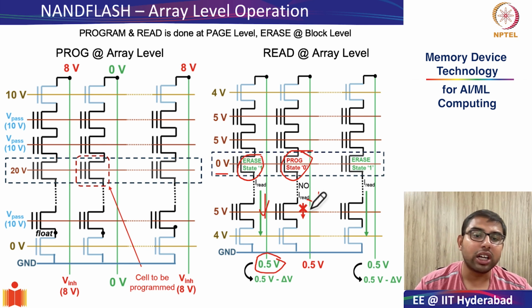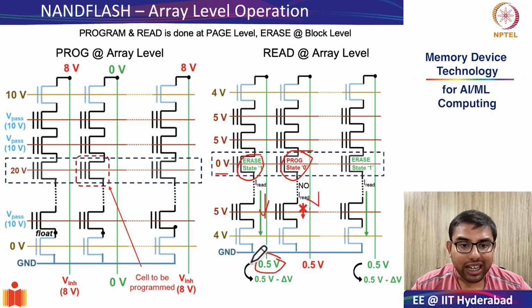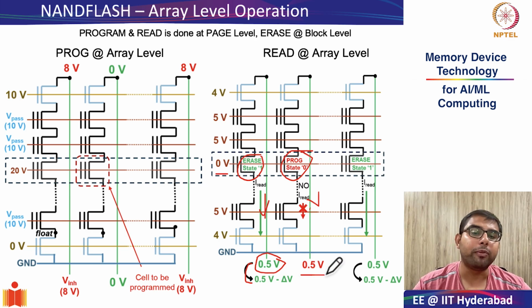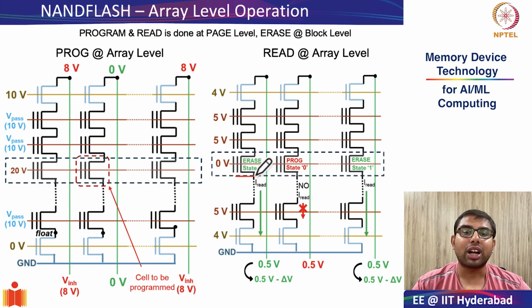As a result, there was either a discharge in the bit line or no discharge in the bit line. By checking whether the transistor is on or off, you were able to figure out whether it is in erase or program state.